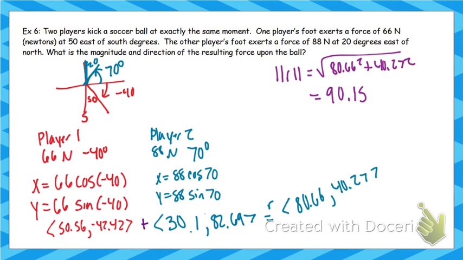Let's find our angle. So tan inverse, we're okay to keep it how it is because we've got positives for our x, so it's going to be in the first quadrant. So we've got y divided by x, 40.27 over 80.66. Plug that into a calculator, and I get a 26.53 degree angle.